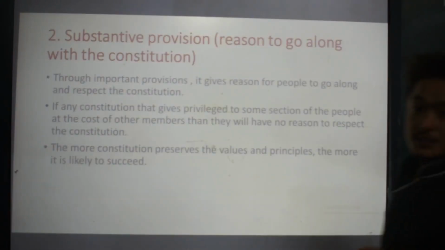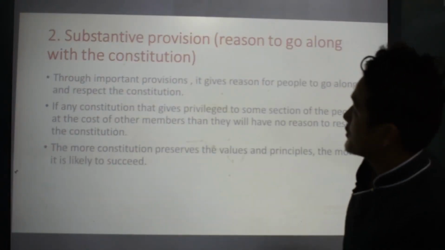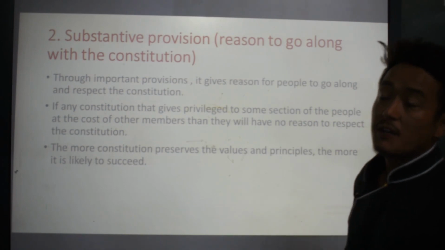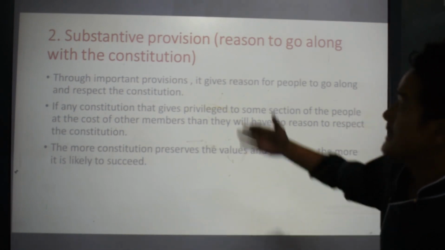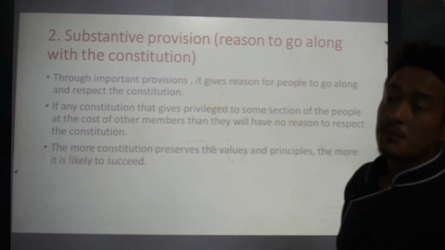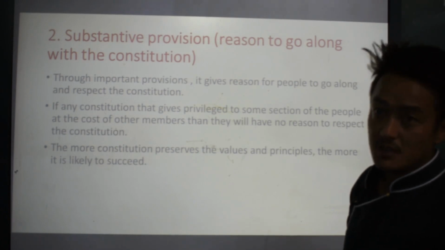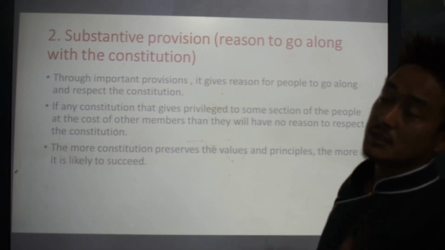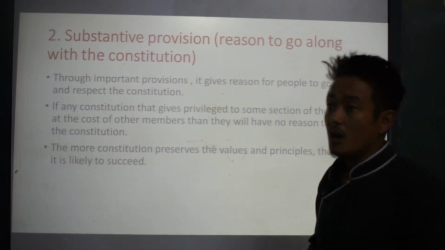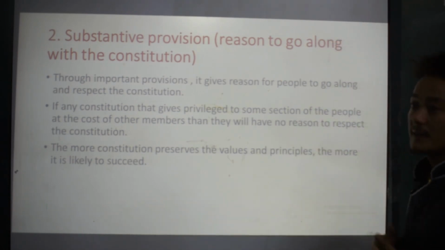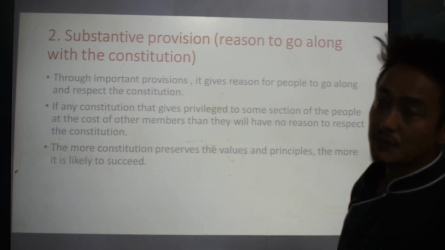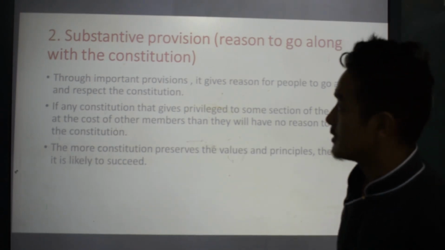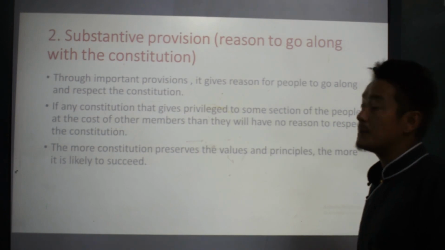Now we're going to discuss another important factor necessary for the effectiveness of the constitution, which is substantive provisions. Substantive means those important provisions through which the constitution is able to make or improve the lives of the poor, especially poor people, right? Certain sections of the people.